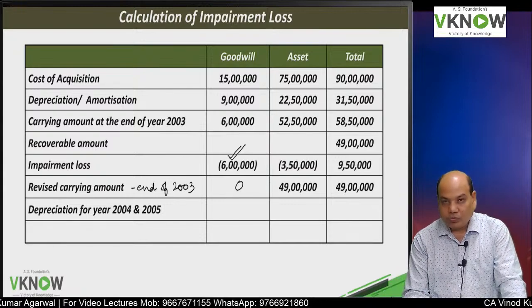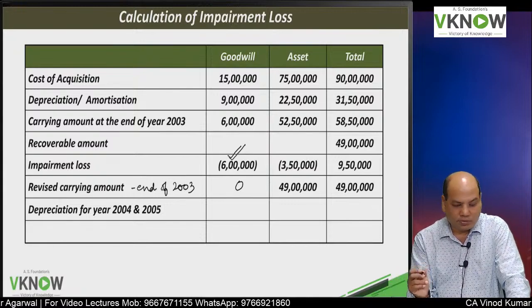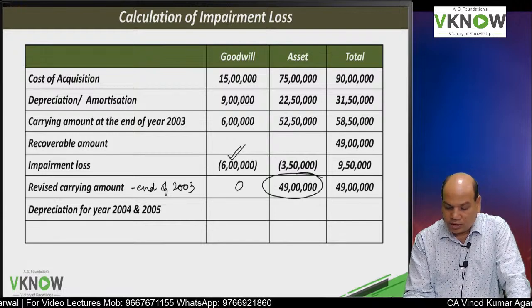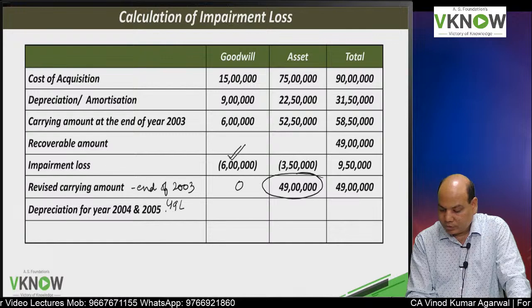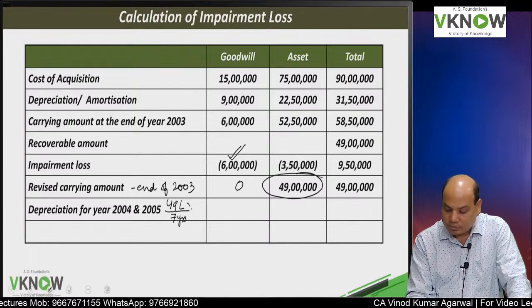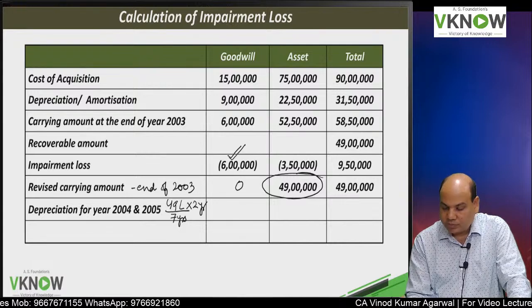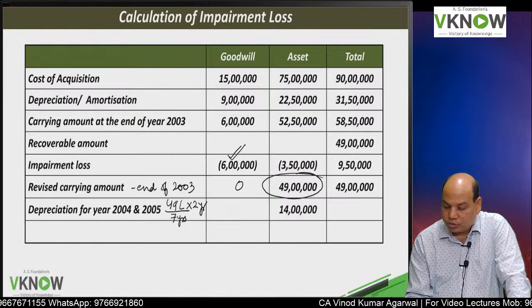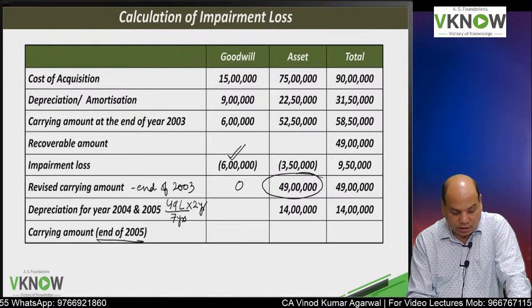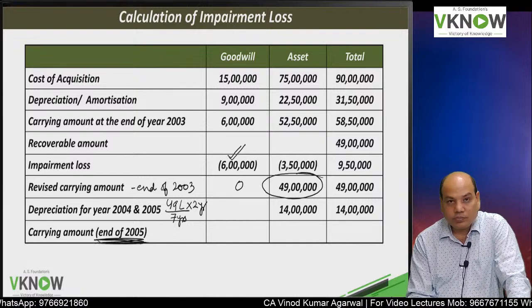After that, 2 more years have passed. This 49 lakh will be depreciated over remaining 7 years, 7 lakh per annum into 2 years, 14 lakh. So what is the carrying amount at the end of 2005 now?